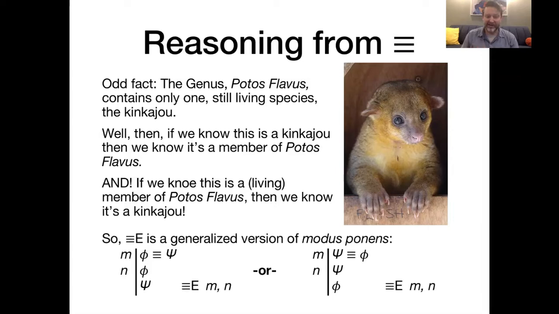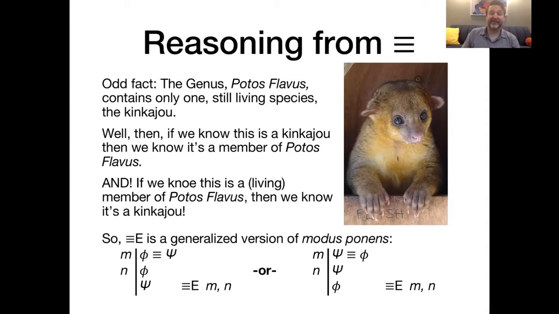So to generalize, the biconditional elimination rule looks like this. It's basically a generalized version of modus ponens. So if we have at step M, phi if and only if psi, and we have at step N, phi, then we can infer psi using biconditional elimination from M and N.